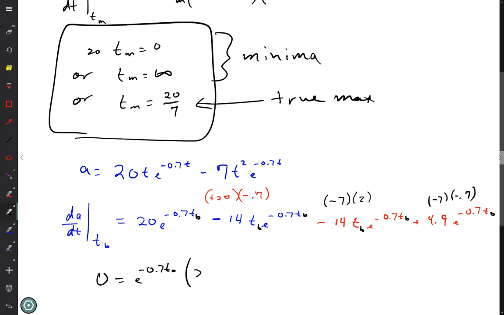And I have 20 minus 28 TB, minus 28 because I had 2 minus 14 TBs there. And I forgot something and nobody corrected me. Where was my mistake there? I forgot my TB squared right here.